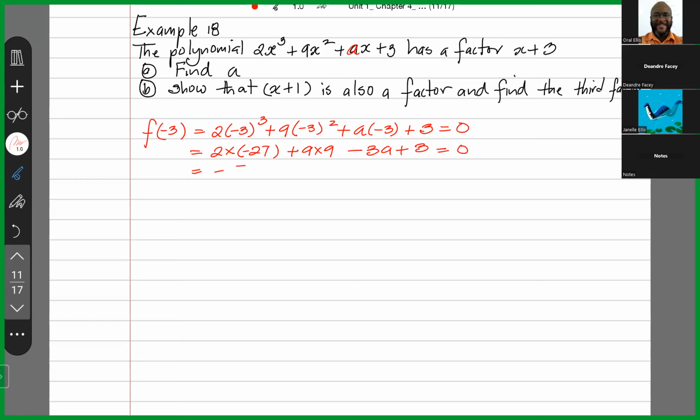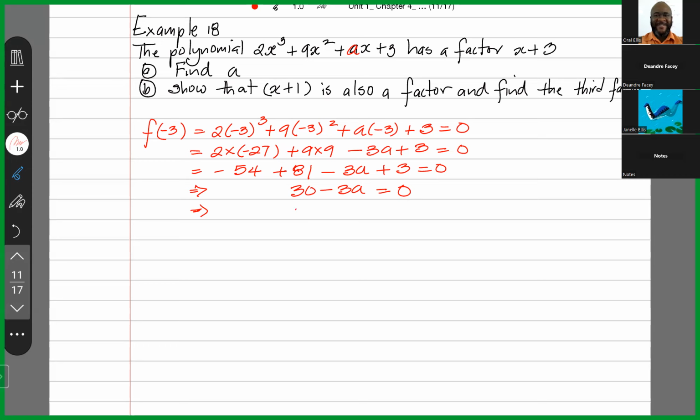This is minus 54, I think, plus 81 minus 3a plus 3 is equal to 0. 81 plus 3 is 84. 84 minus 54 is 30. So 30 minus 3a would be equal to 0.